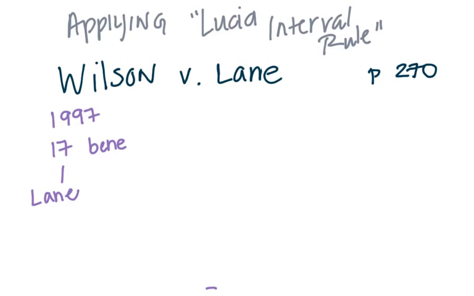Lane was Greer's caretaker. In 2000, Greer died. Lane offered up the will for probate, but Wilson, one of the 16 relatives, objected, arguing that Greer lacked the capacity.